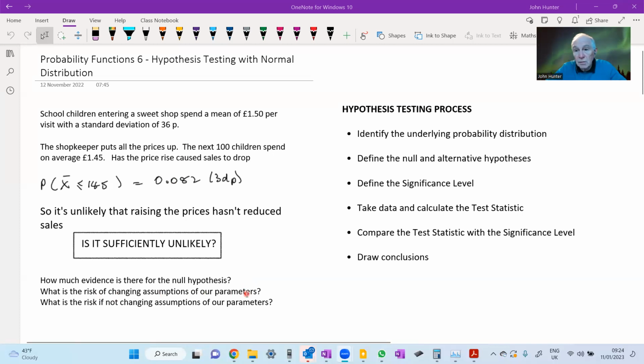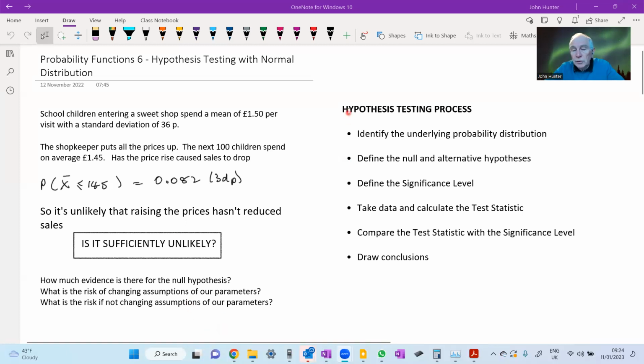And the other thing is, what's the risk of not changing any assumptions about our parameters? So what we need to do is set some thresholds and some rules, do the test, and then if it passes the threshold, we draw one conclusion: either the original assumptions were not good and we're going to change them, or the other way around.